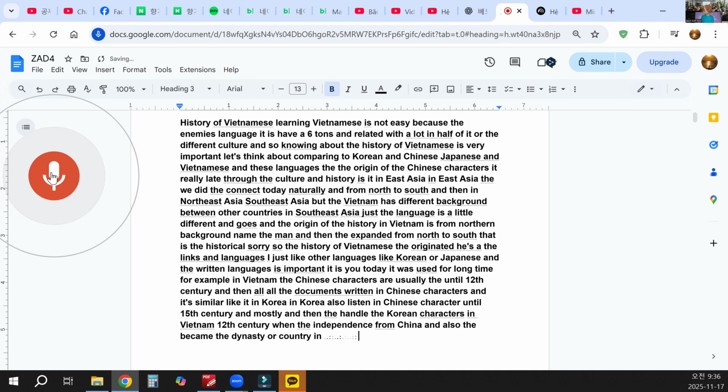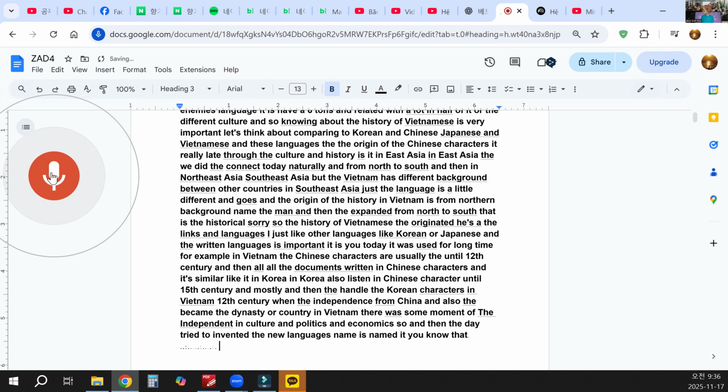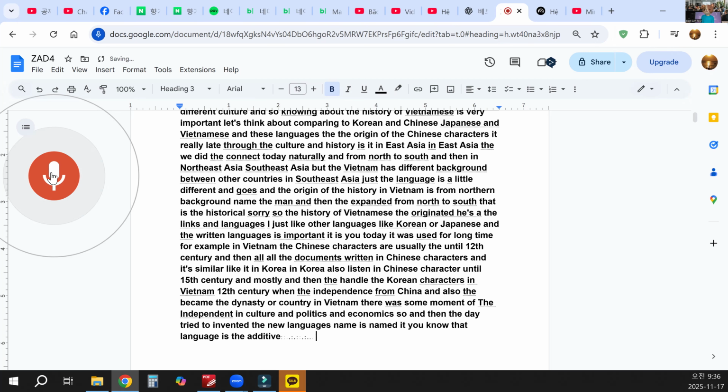In Vietnam, in the 12th century, there was independence from China, and a dynasty or country became established in Vietnam. There was a moment of independence in culture, politics, and economics, and then they tried to invent a new language, named Chunom. That language added another meaning to the Chinese characters, so the Vietnamese Chinese writing became much more complicated.